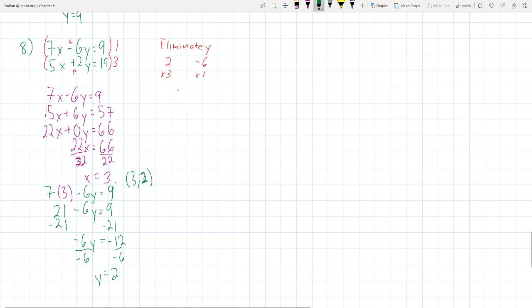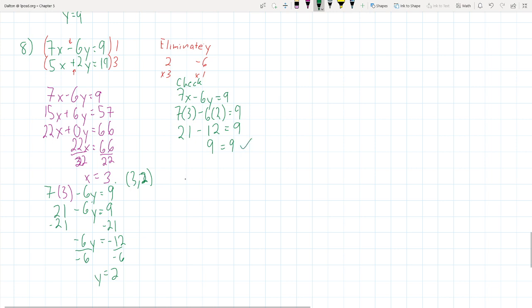Now I'm going to plug these in. Check. So 7x minus 6y equals 9. 7 times 3 minus 6 times 2 equals 9. 7 times 3 is 21 minus 12 equals 9. 21 minus 12 is 9, equals 9.